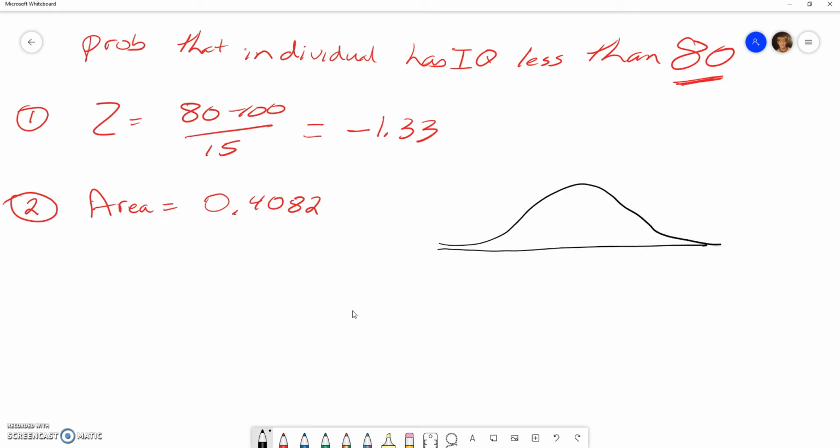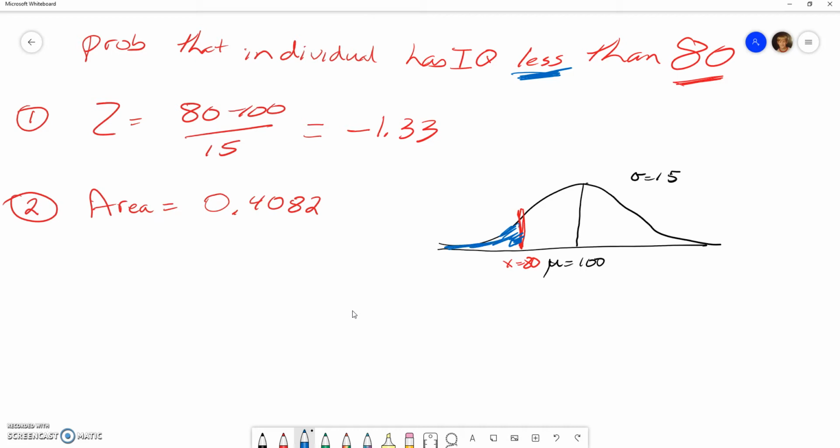And look at that nice distribution. Average is 100, standard deviation is 15, and we put this x value of 80. It's on the left side, below average, and it's right there. X equals 80. Now we always shade in part of the distribution, and we shade in this because it says less than 80.